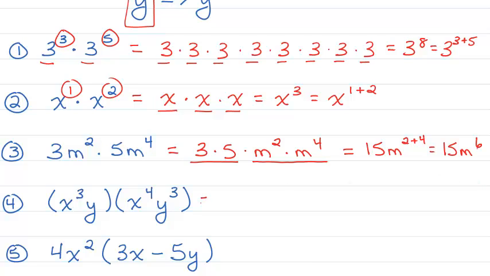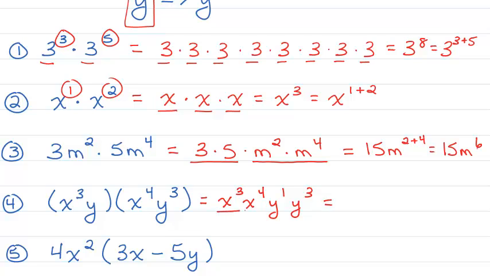Let's keep going. Here, notice we have 2 different variables. And remember, the big rule was with the addition rule that you had to have like bases. So let's reorganize so that the like bases are near each other. So I'll write x to the third times x to the fourth, and then y, and if it helps you out, don't forget to put in that 1 times y to the third.